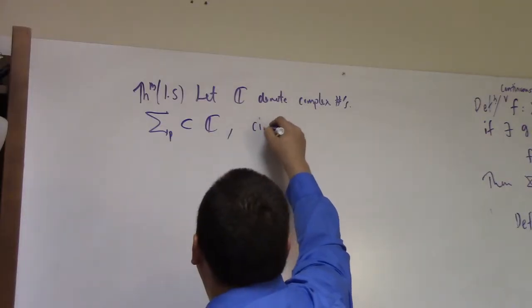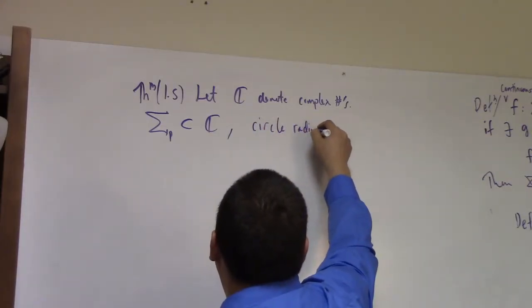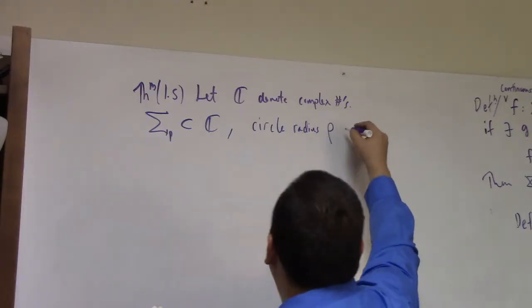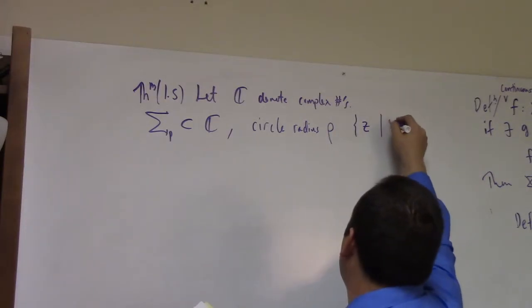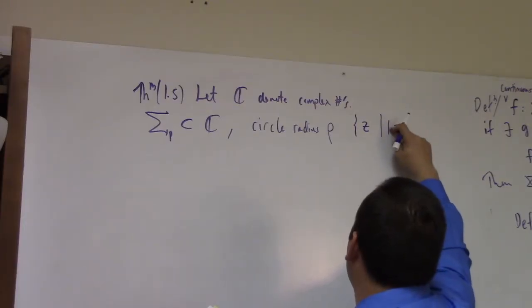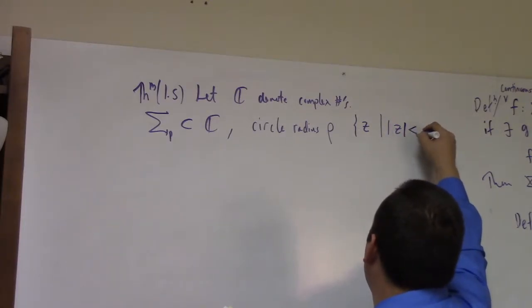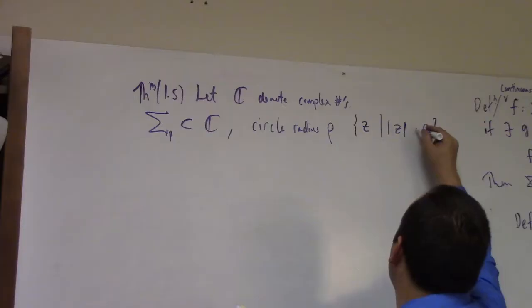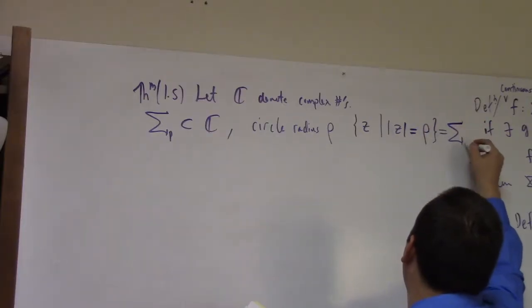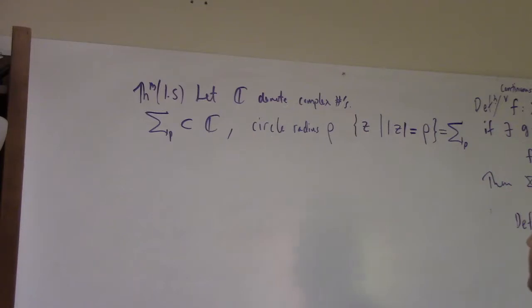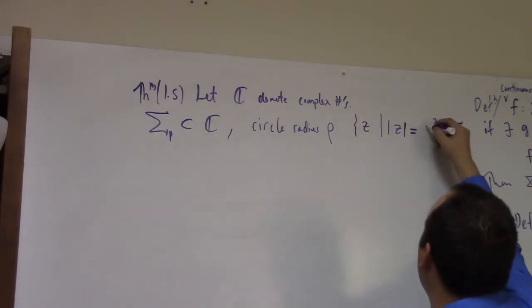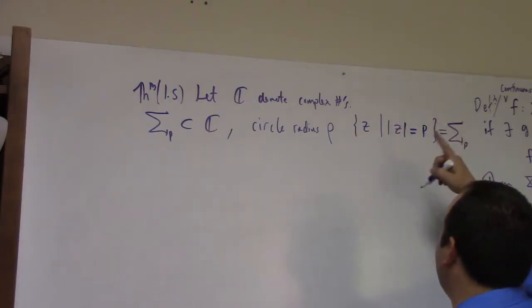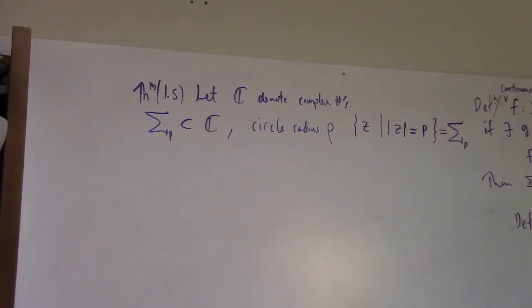It's a circle of radius rho, in other words, it's basically z such that the modulus of z equals rho. Wait, did you say norm initially? I said modulus, but I wrote norm. Well, no confusion in the complex case.